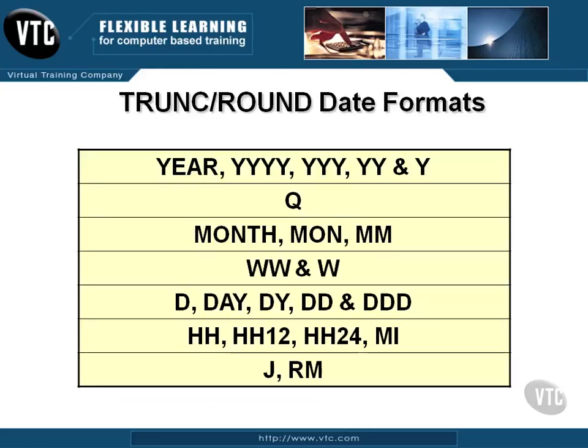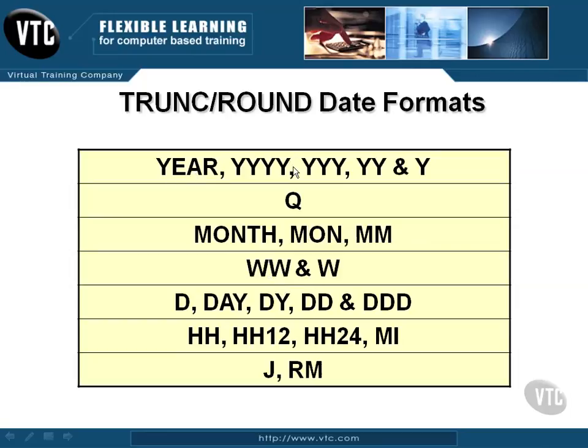I talked about formats, where you can format a date in a specific way. In other words, you can bring out a date as a year, or as YYYY, or as 3 numbers, or as 2 numbers, or as 1 digit. You could format quarters. You can format the month as month, or just MON, or 2 digits. The name of the day.